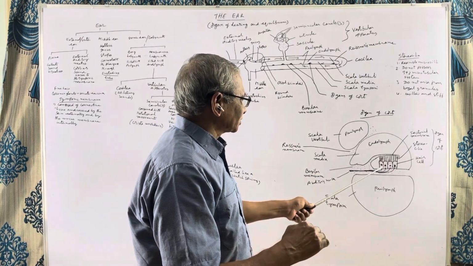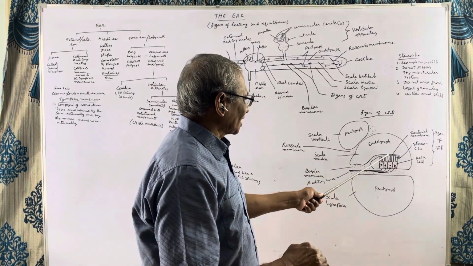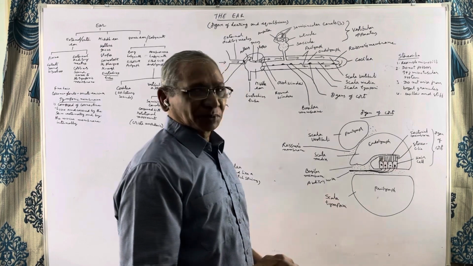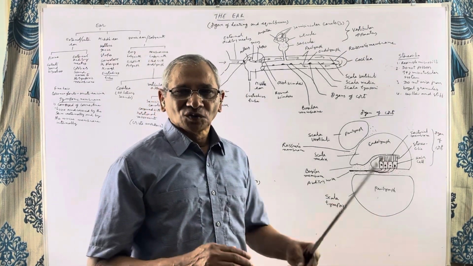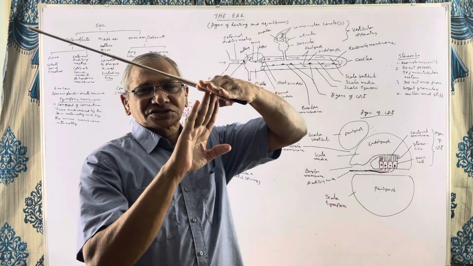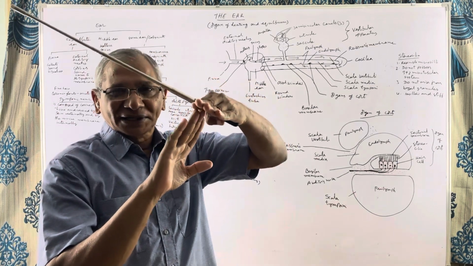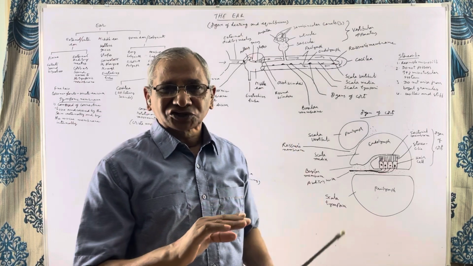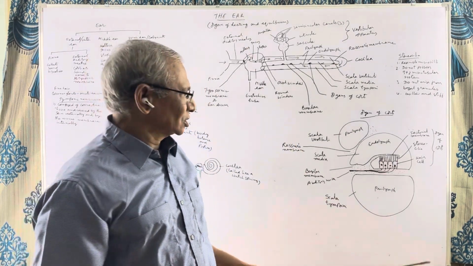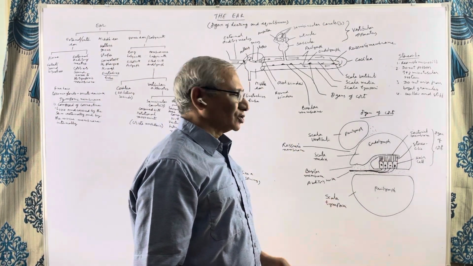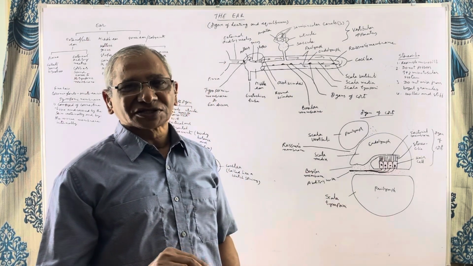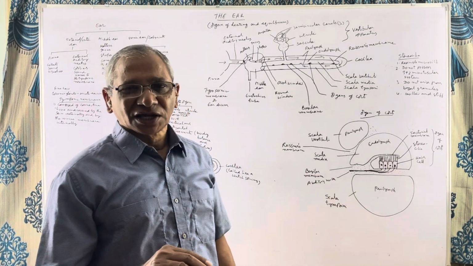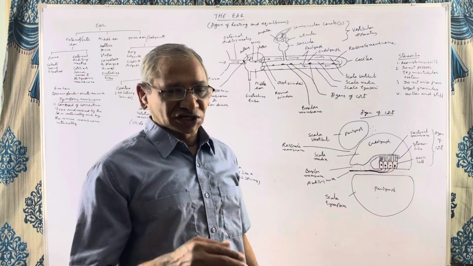When they move upwards, the stereocilia come into contact with the tectorial membrane. When they come into contact with the tectorial membrane, the stereocilia bend and they generate action potentials. So bending of the stereocilia is a stimulus, and this stimulus results in the generation of action potentials.